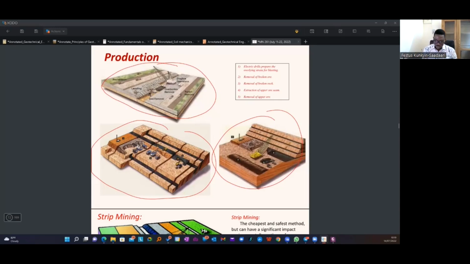So 1, 2, 3. Who can help us with them? Any ideas? We just discussed them. What type of mining method do you think they are doing there?